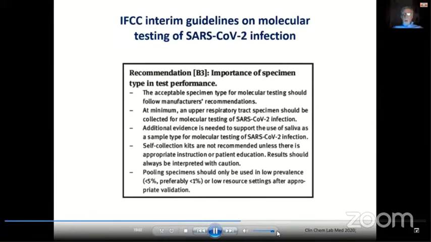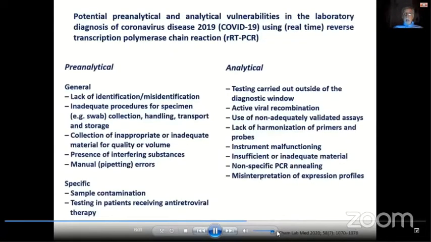Also, in some parts of the world, not in Italy, for example, they utilize pooling of specimens, like in China, but it should be utilized in low prevalence areas, at least with less than 5% prevalence, but preferably less than 1%, or where there is a very low resource setting, after appropriate validation.